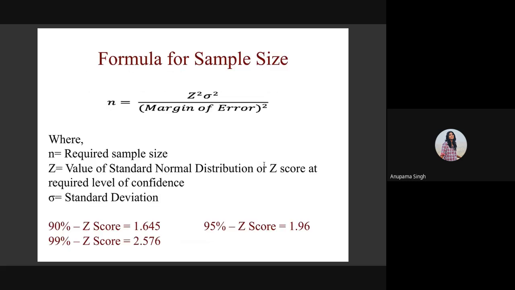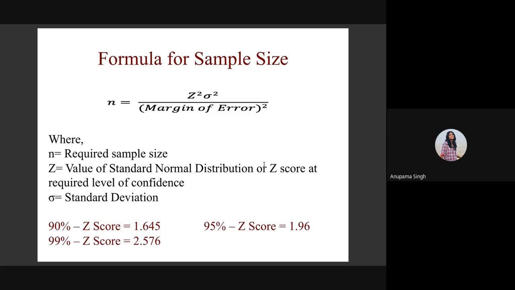So this is your standard formula for calculating sample size, right? N is equal to Z square sigma square divided by the margin of error square, where N is the required sample size. Now Z square is the value of the standard normal variate.